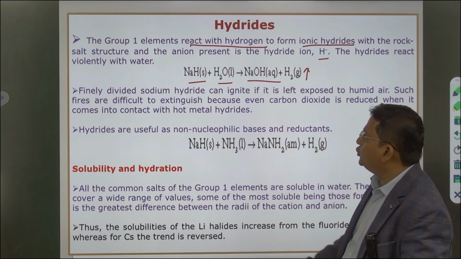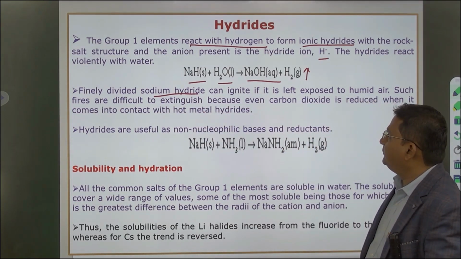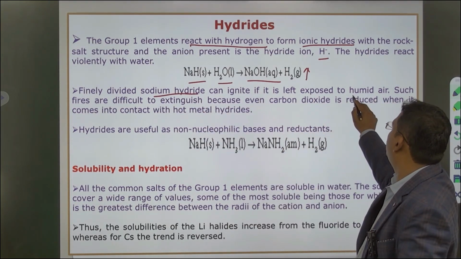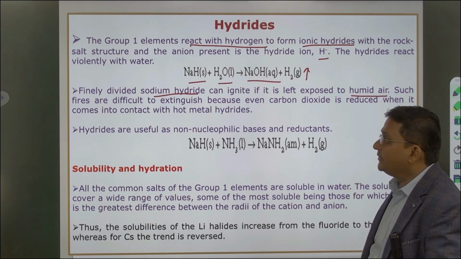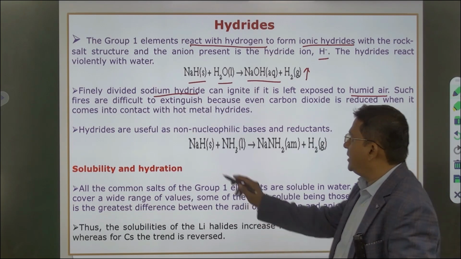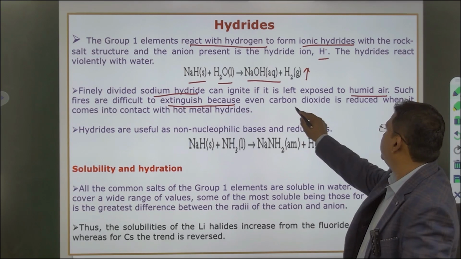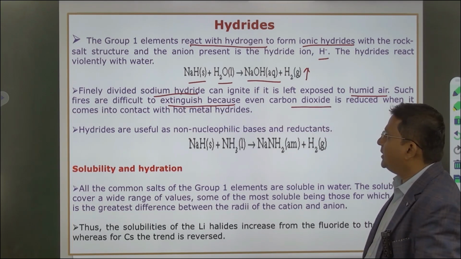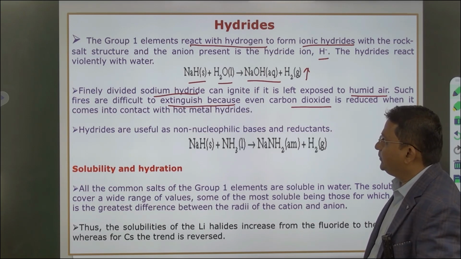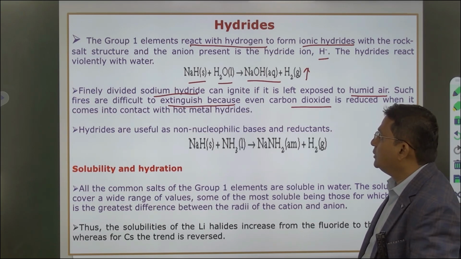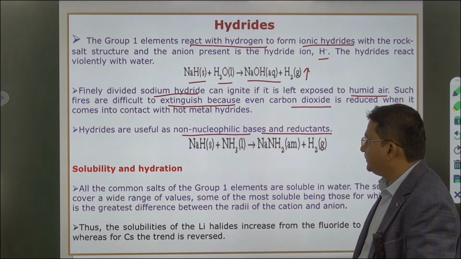Finely divided sodium hydride can ignite if left exposed to humid air. Such a fire is difficult to extinguish because carbon dioxide is reduced when it comes in contact with hot metal hydride. Hydrides are useful as non-nucleophilic bases and reductants.